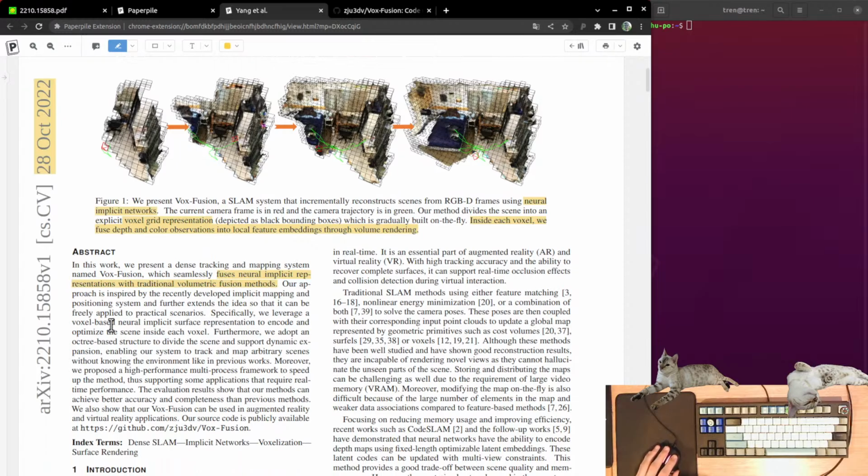Specifically, we leverage a voxel-based neural implicit surface representation to encode and optimize the scene inside each voxel. Furthermore, we adopt an octree-based structure to divide the scene and support dynamic expansion.